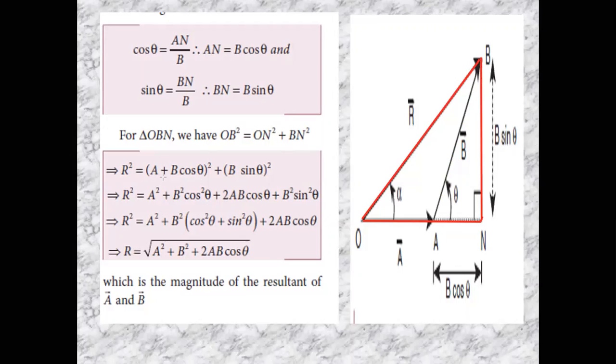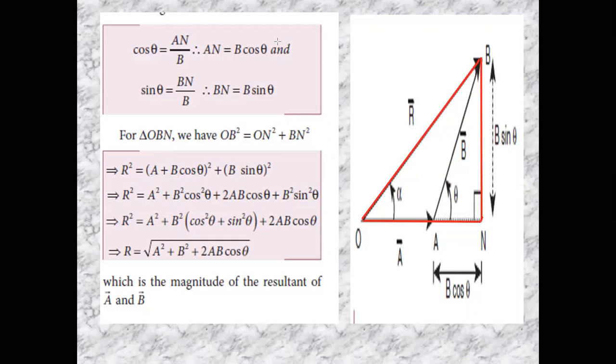Now I'm going to expand (A plus B cos theta) using the A plus B the whole square formula. So R square is equal to A square plus B square cos square theta plus 2AB cos theta, plus the next term, B square sin square theta.